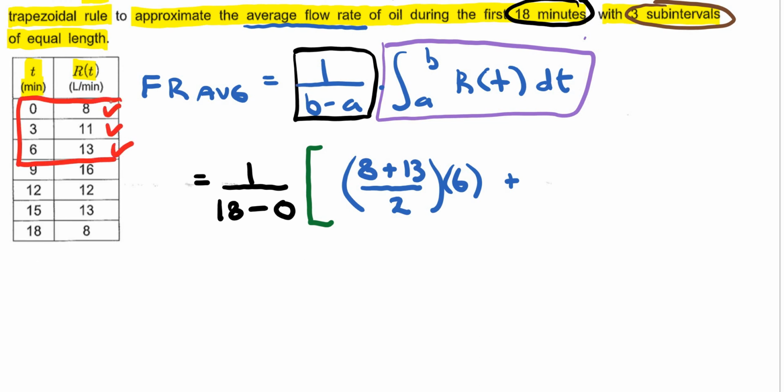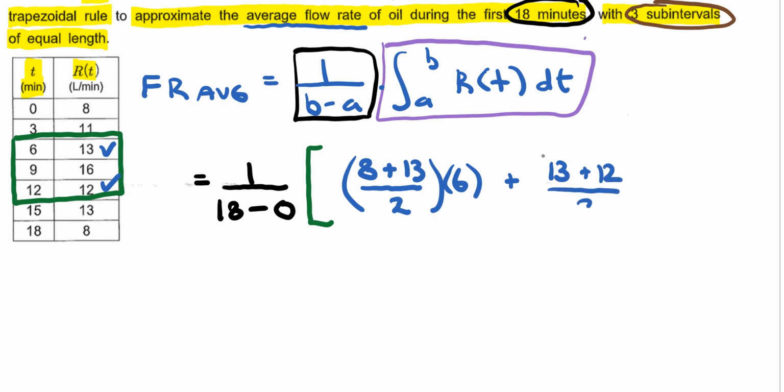Now we're going to add that to the next subinterval, right there. Once again, we use 13 and 12 for the heights, so (13 plus 12) divided by 2, and the base is 6 because these are all equal intervals.